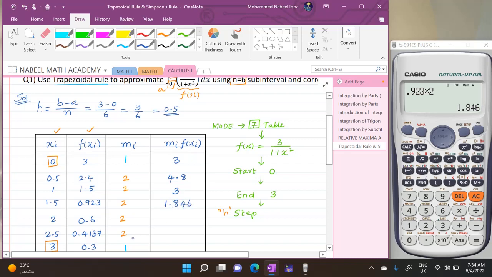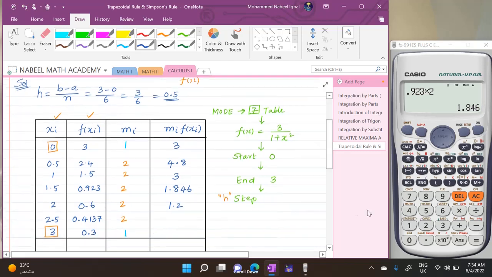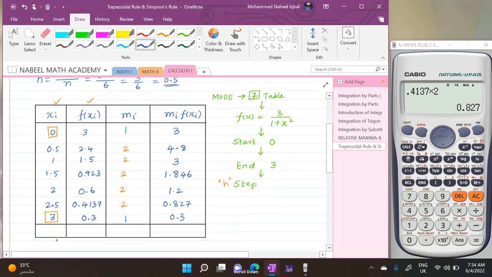Since we fixed the calculator at 3 decimals, it shows 3 decimals. Then 0.6 into 2 is 1.2. Then 0.4137 into 2 is 0.827. And multiplying by 1, you will get the last one. For the last column, you have to take the summation. What is the summation for this column?